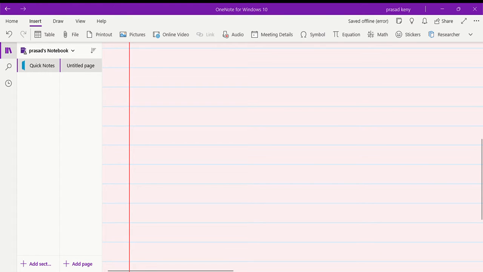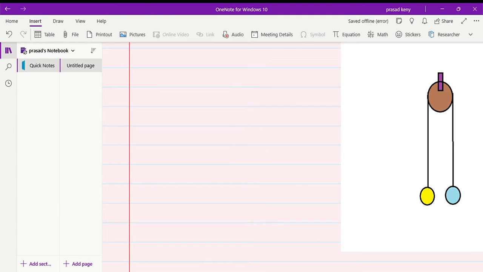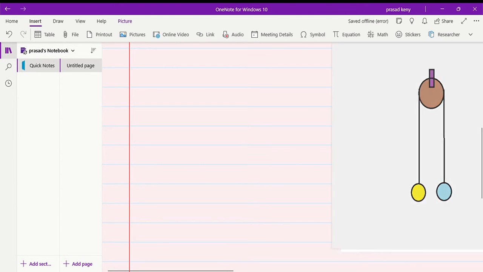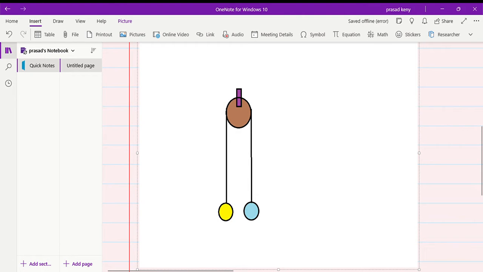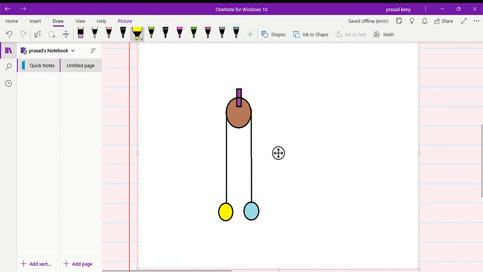So I'll just introduce this diagram here. Okay, so these are the two particles which are connected by the light inextensible string which passes over a smooth and small pulley. Now one particle is of mass 3 kg and another particle is of mass 5 kg.